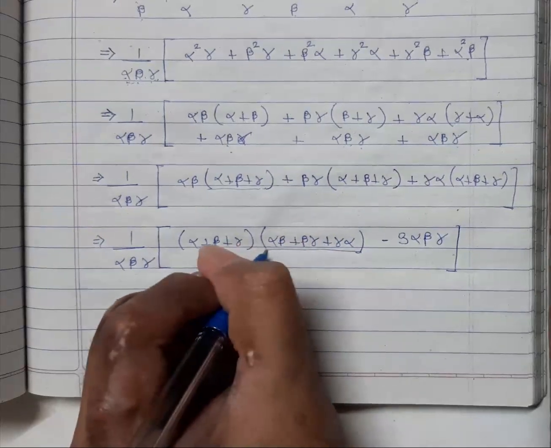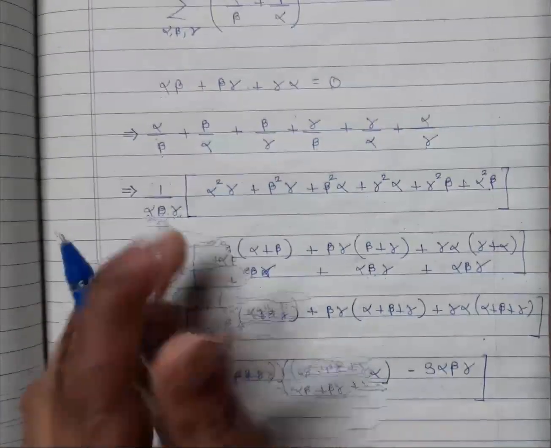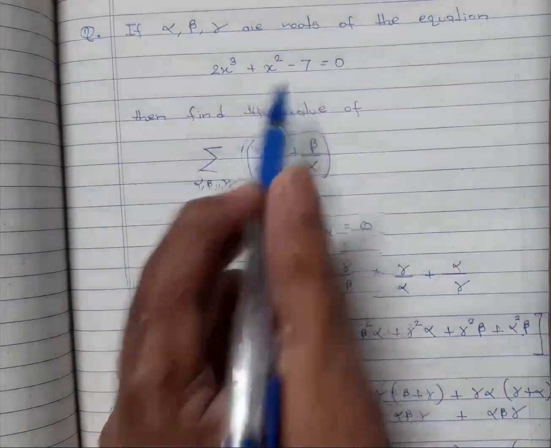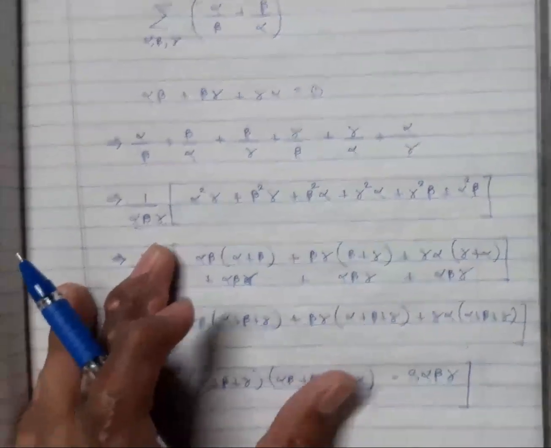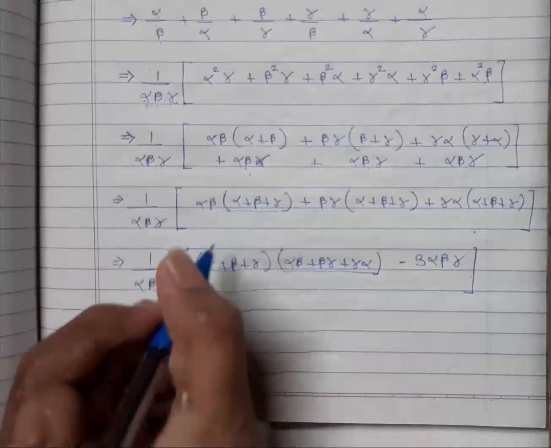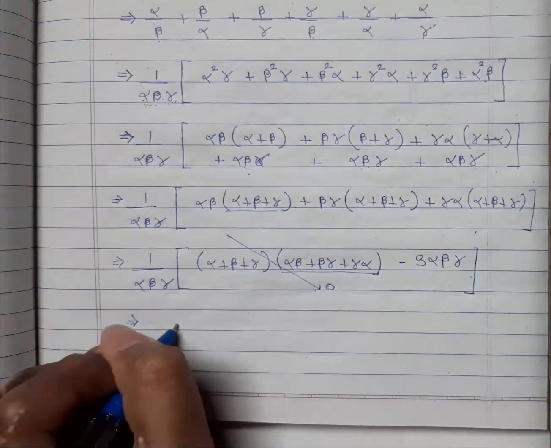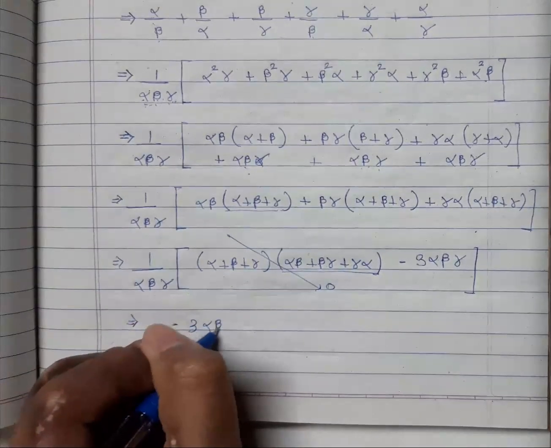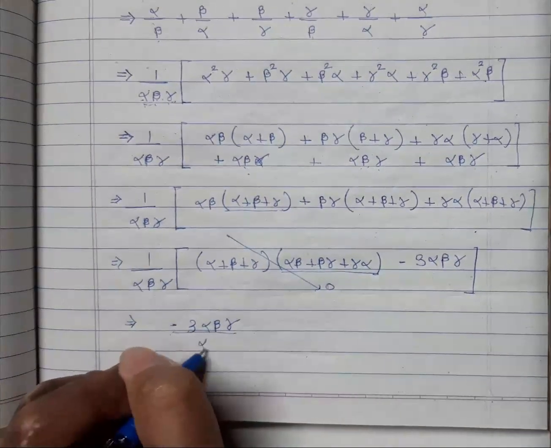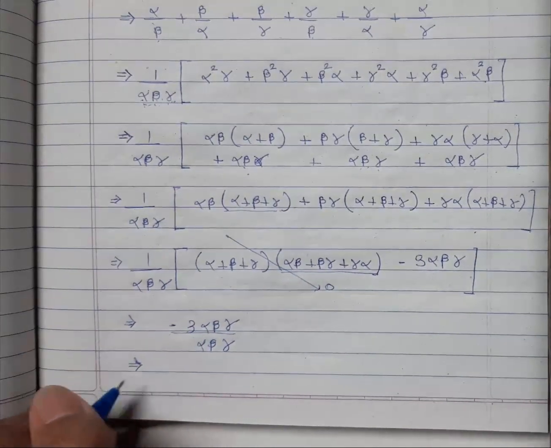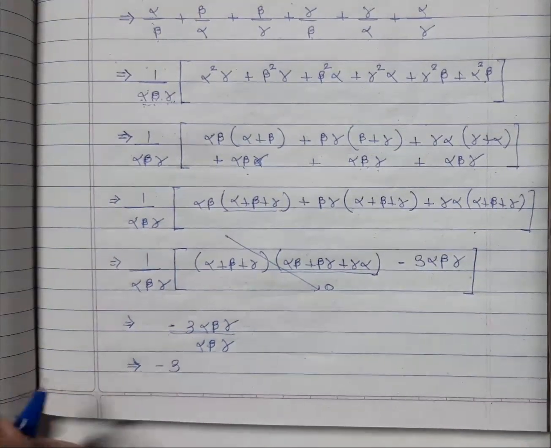Now this term is 0 because the coefficient of x is 0. So therefore we can cancel out this term as 0. So what remains is minus 3 alpha beta gamma whole divided by alpha beta gamma. So the value of the above summation is minus 3.